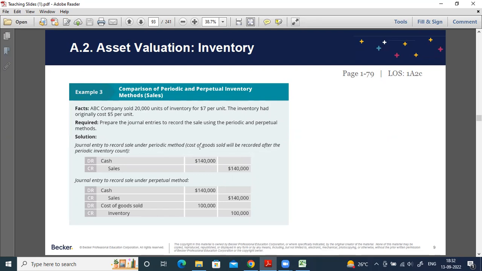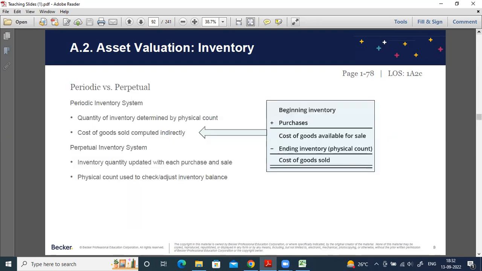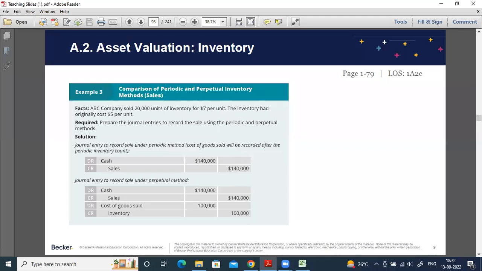Now as per periodical method, the cost of goods sold will be recorded after the periodical inventory count. Very, very important. Try to understand. If it is a periodical method, the cost of goods sold is computed after this inventory count. So in this case, the total units sold is 20,000 and they sold each unit for $7.